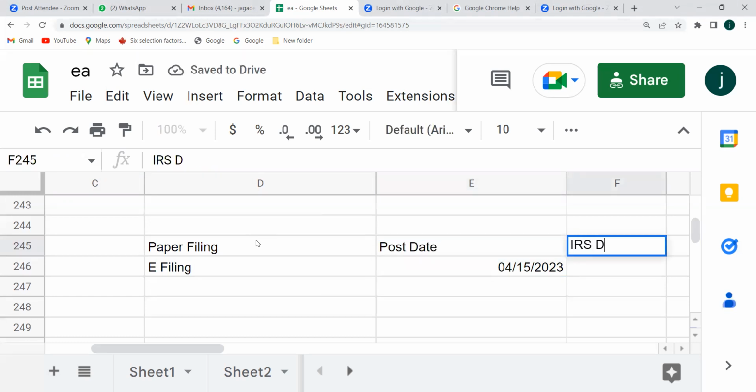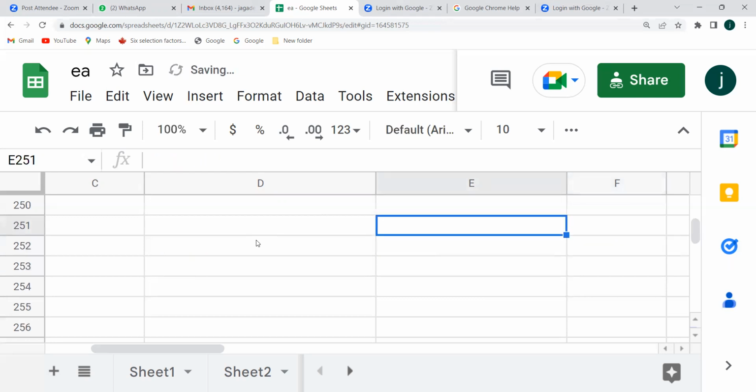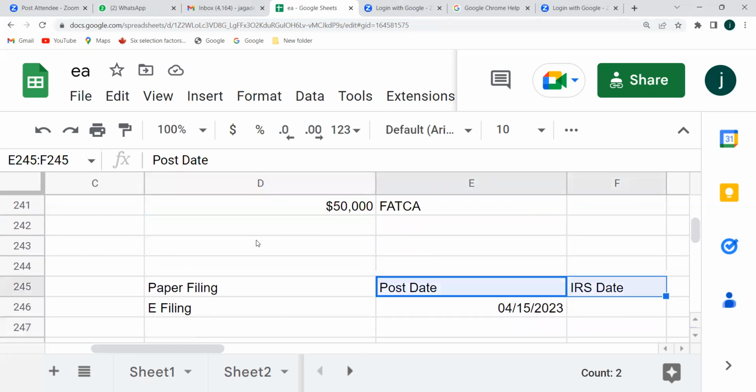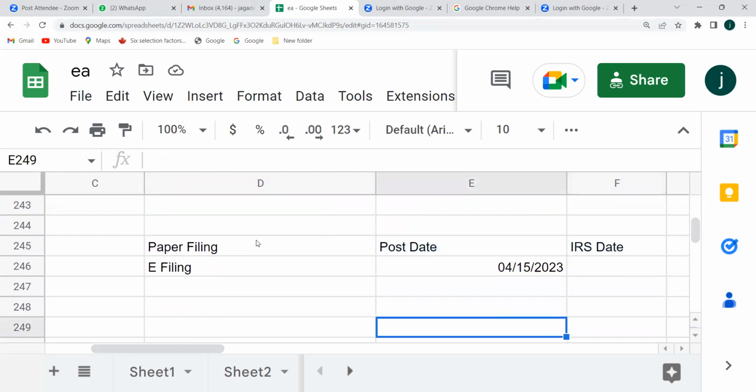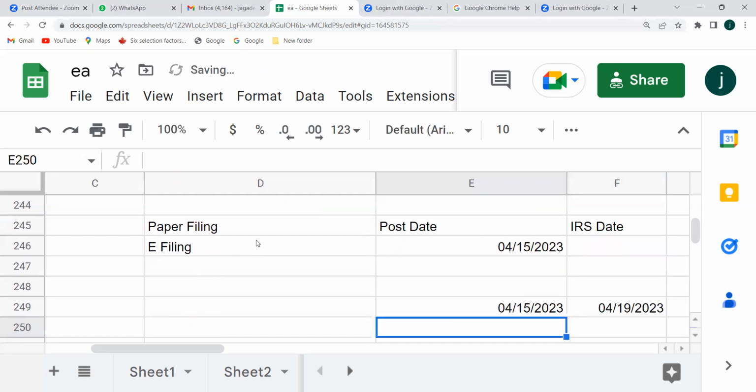If you post now, it won't go immediately; it will take 2 or 3 days based on the area. Say I post the application on one date and the IRS receives it on 4/19/2023.